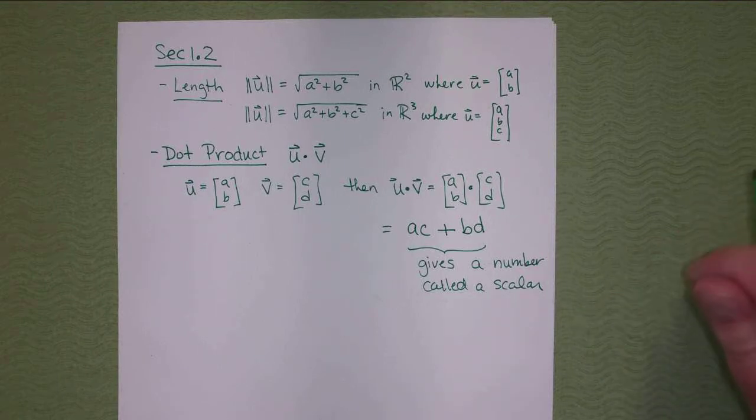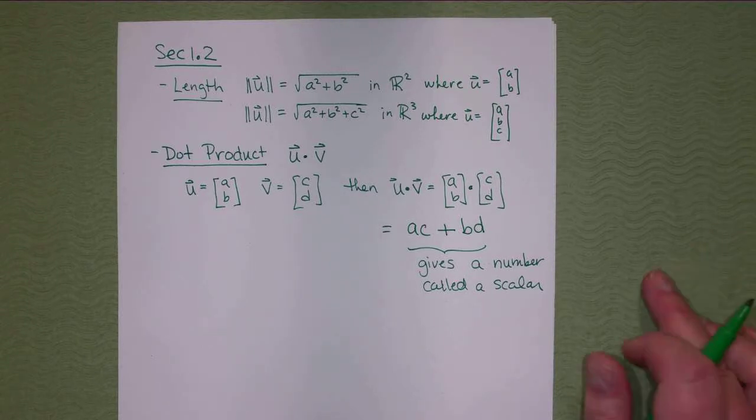So it doesn't give a vector. The cross product, which we're going to see later tonight, gives a vector as an answer, and the dot product gives a scalar. So it gives a number, and the number means something. We're going to see that in a minute, or it gives some hints about things.